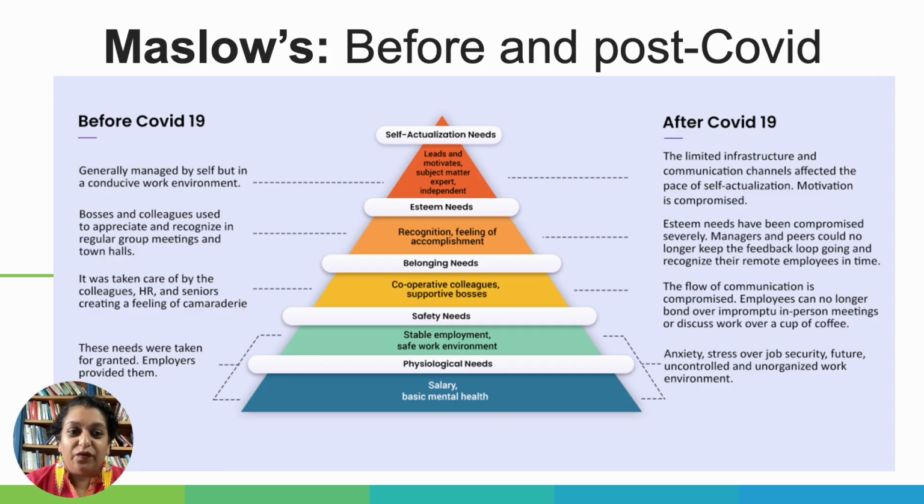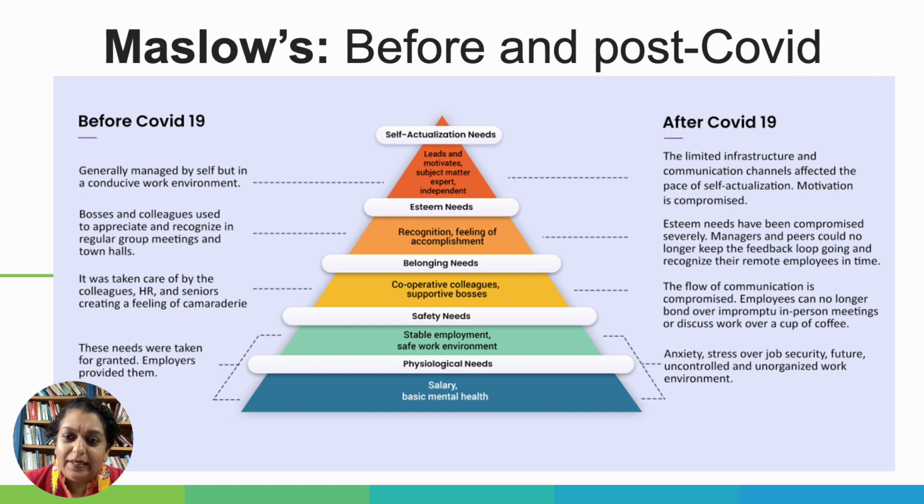Before COVID, it was very clear that we needed to meet the bottom levels before we rose to the top levels. COVID really turned that around when people needed their self-actualization needs met. This became really frustrating for people and their levels of motivation due to the limited infrastructure and communication channels and how these were affected.